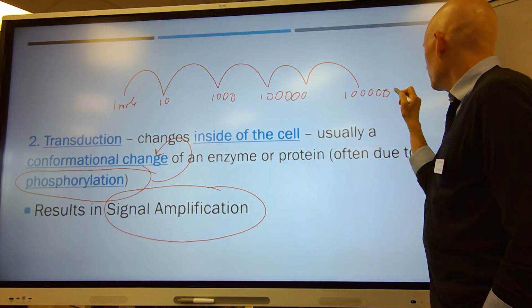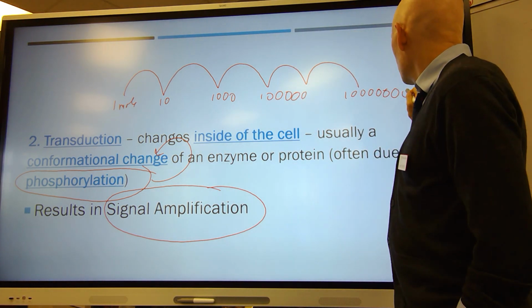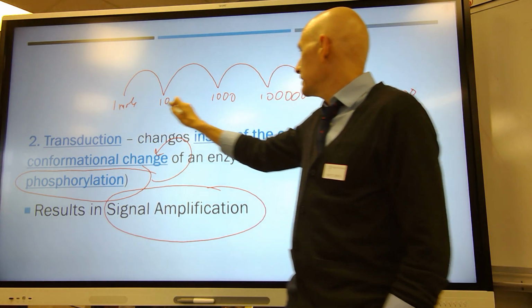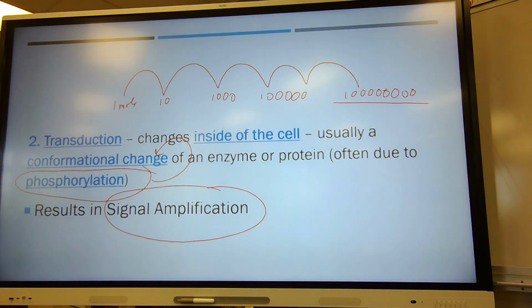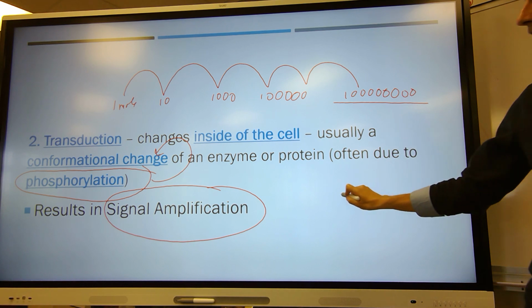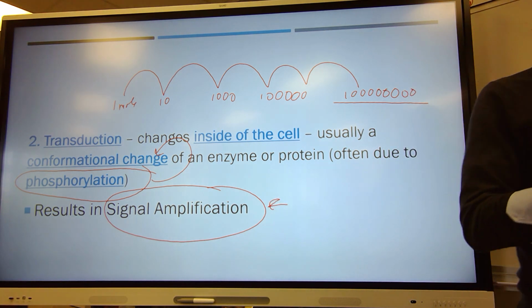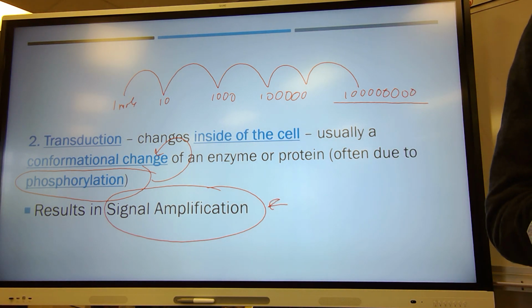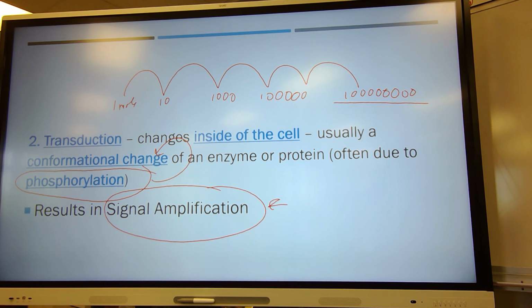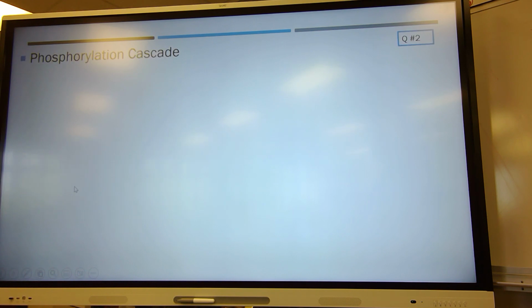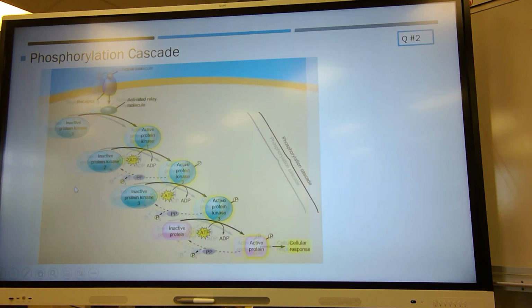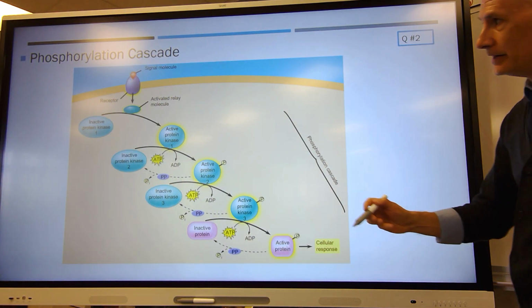It could even be more extreme. So one molecule could potentially activate lots and lots and lots, and that's what we mean by signal amplification. To get a large enough response from your cell, you only need one signal to do that. And that's what's known as a phosphorylation cascade.